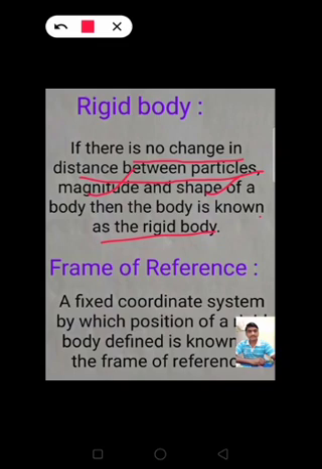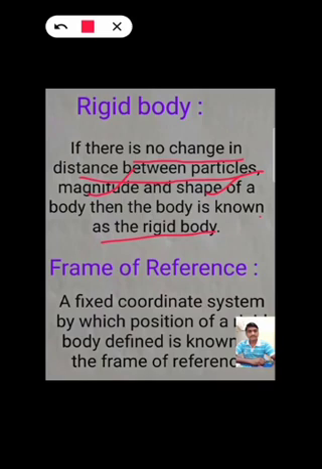A body is said to be rigid if it follows the following three conditions: fixed internal distance between particles, and fixed magnitude and fixed shape even due to the application of external force. Then we call the body a rigid body. This is the definition of rigid body.